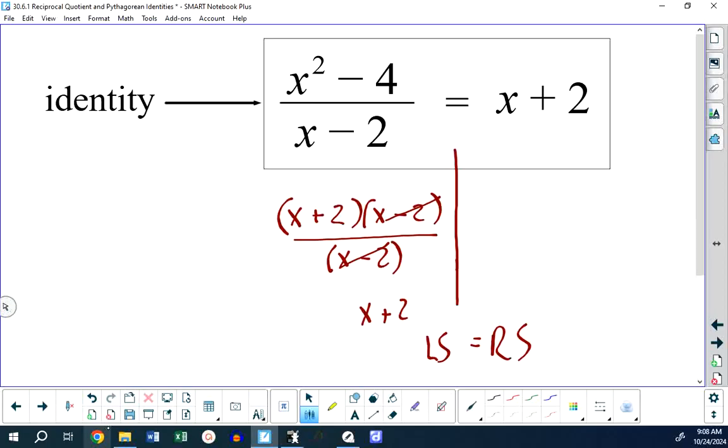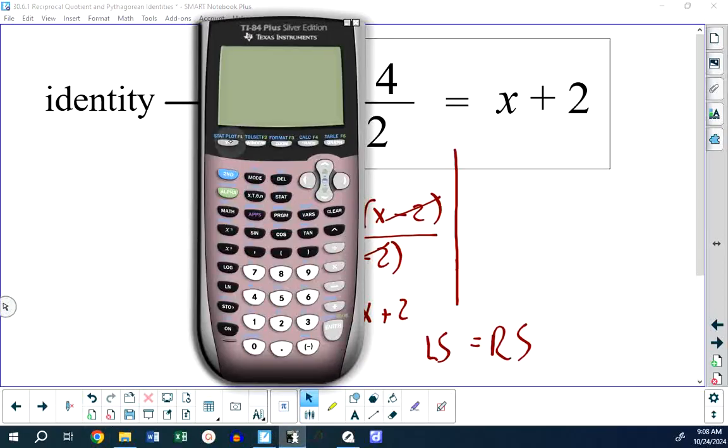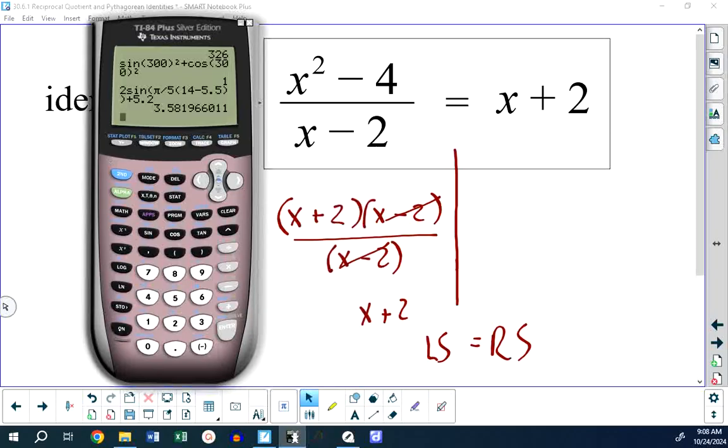So if I were to put into my graphing calculator for y1, in brackets x squared minus 4 divided by, in brackets, x minus 2, and then for y2, x plus 2, and set my table up to start at -8 and go up by 1, just because I want it to be kind of a surprise.